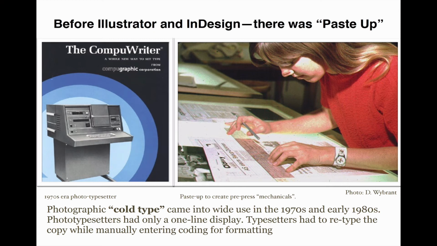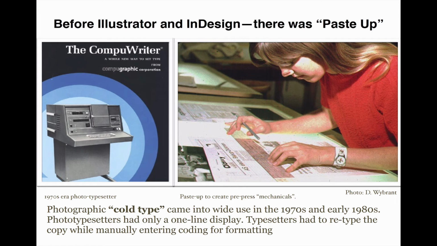And we had at that time something called paste up, where the photographic images would come off of the CompuWriter, and you would cut them up and paste them up and send them to be photographed and used for offsite printing. There were some limitations to this technology, one of which is that typesetters had to retype all copy manually when entering their coding for the formatting.